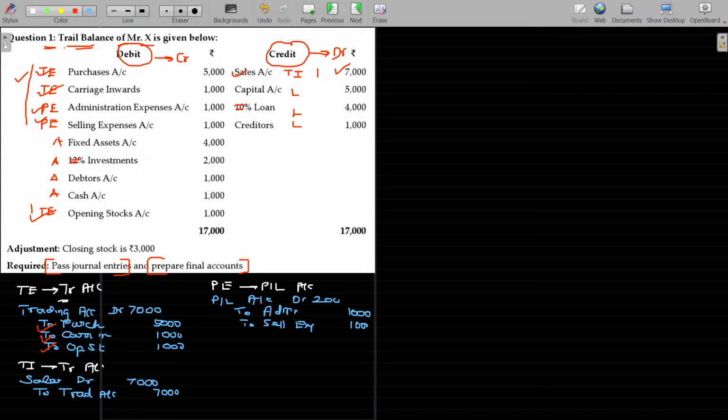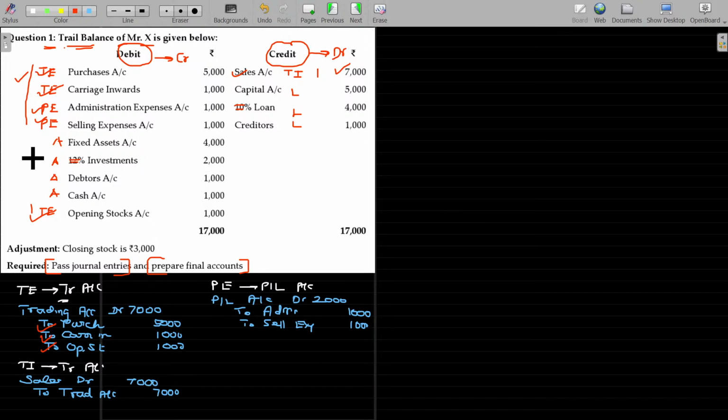Overall value being 2,000 rupees. We don't have anything to be transferable from profit and loss income to profit and loss account. So only 3 entries, from the trial balance.